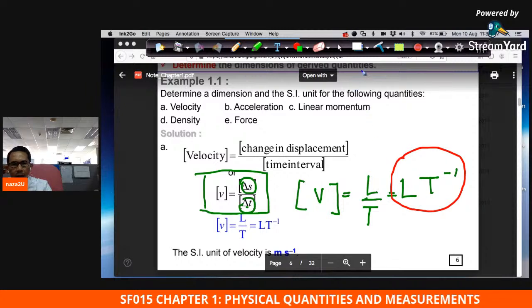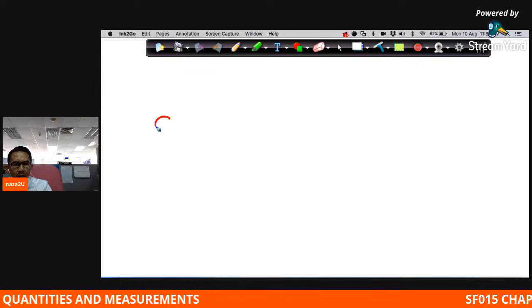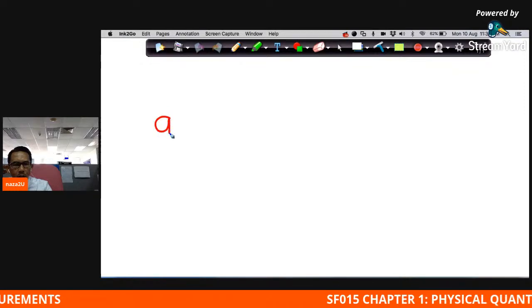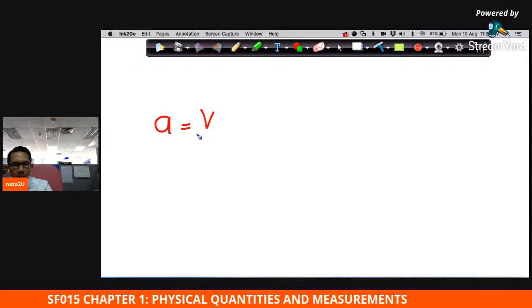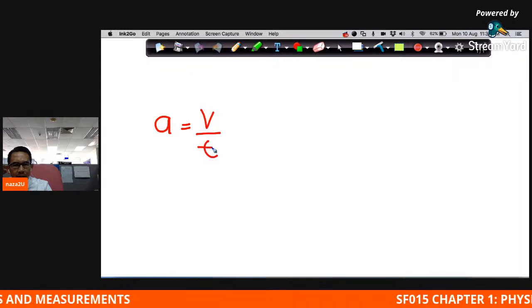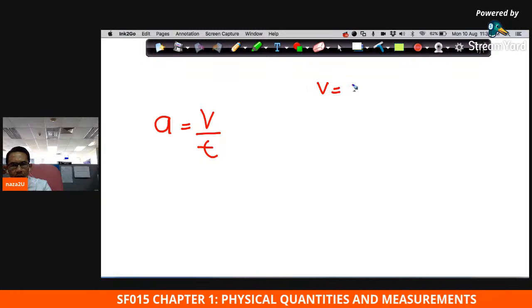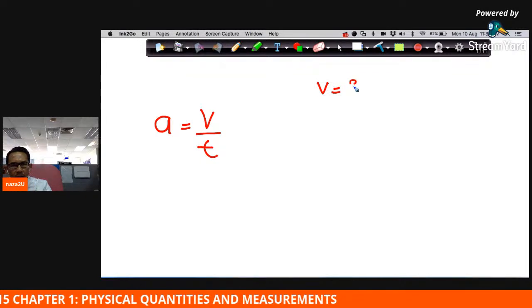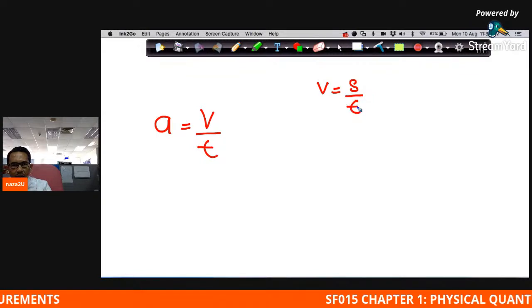Okay, so I go to the next example here. Let's say you have the acceleration, A. The acceleration equation is velocity divided by time t. As you know, velocity is displacement s, or distance, divided by time t.